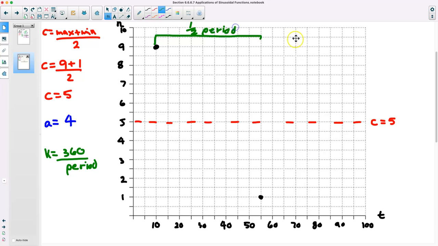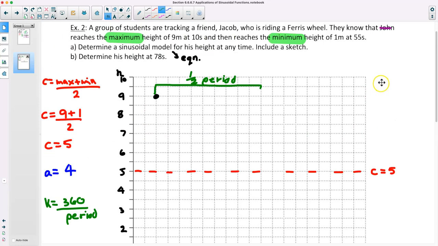We don't know exactly where the other point is just yet, but it would perhaps be somewhere over here, again at an equal symmetrical distance. So to find this half a period, let's do that over here. We'll call this half P. What do we have?